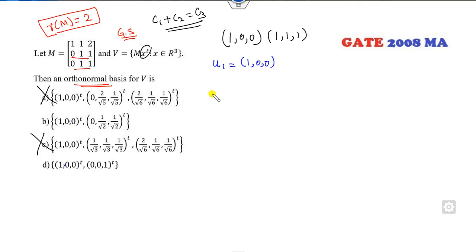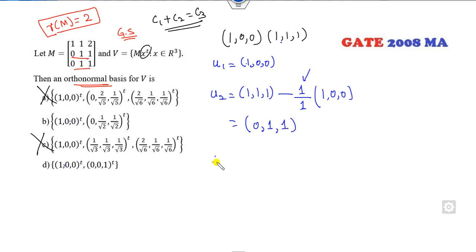U2: write the second vector 1 1 1. Find the dot product, 1 divided by the square of this, 1 square plus 0 square plus 0 square, into the previous vector. Basically this is my projection. So what is the answer of this? 0 1 1. Fine. So what is the Gram-Schmidt?